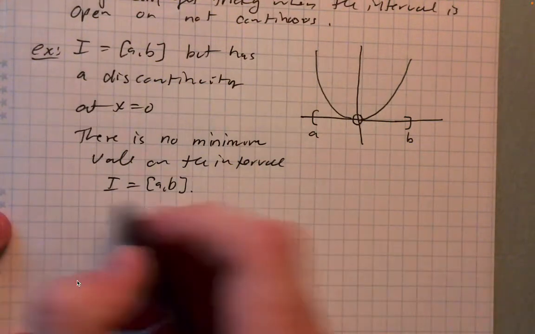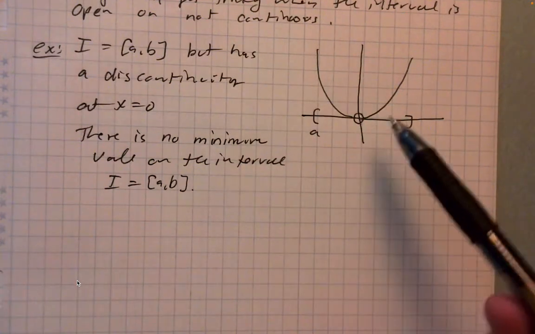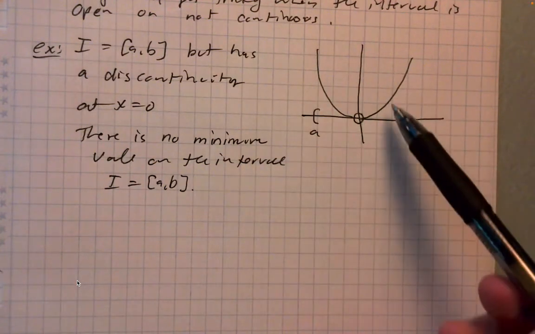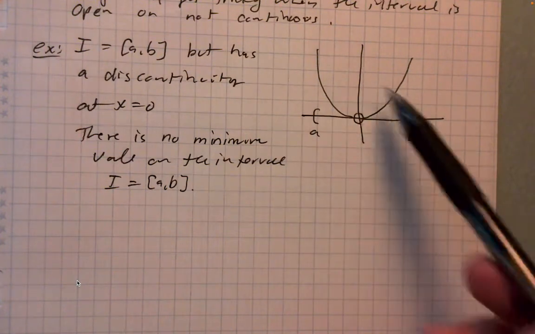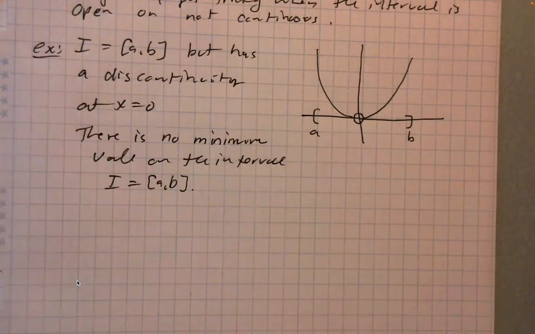So I'll just sum it up, and to really get at this in a rigorous way, you need to take a course like real analysis. In that course, you would study things like limit points, and you would be able to see irrefutably that there is in fact no minimum in this interval.